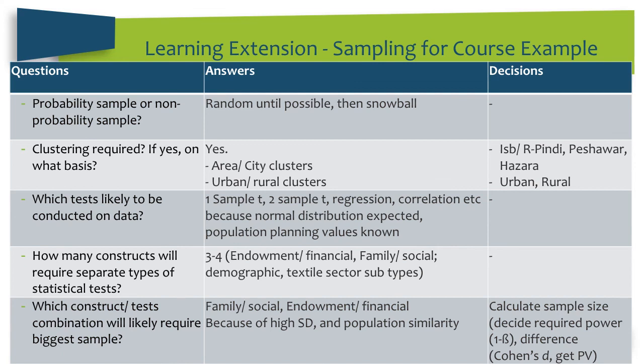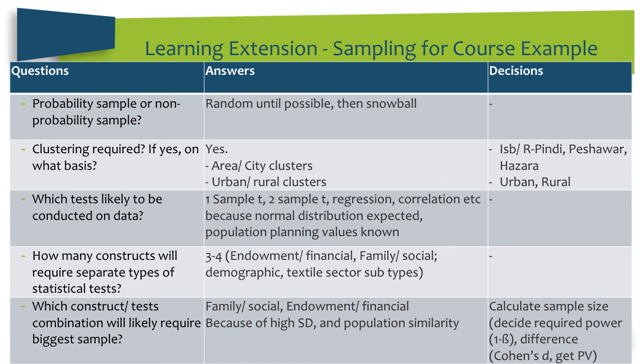So my decision is I'll calculate sample size for this particular construct, family and social, because it requires the largest number of samples, and I don't want to be stuck in a situation where I have chosen a small sample size and I find out that it was not enough as per the power and sample size calculations in that particular case, for which I required more data.